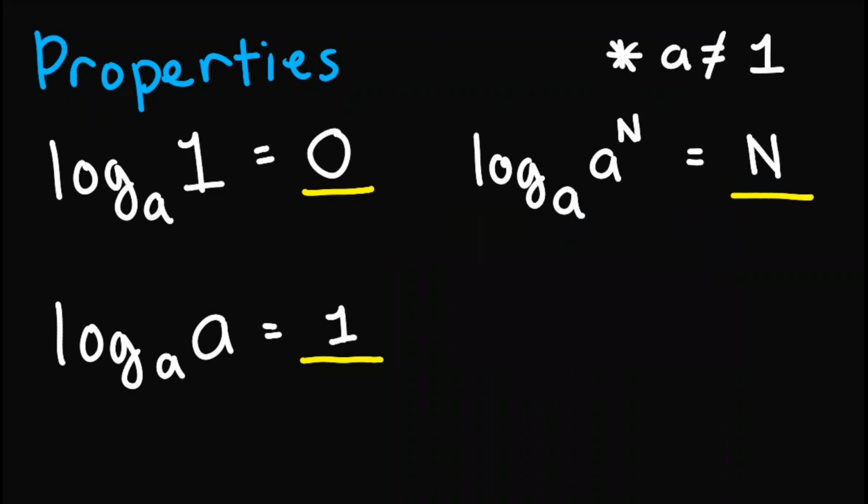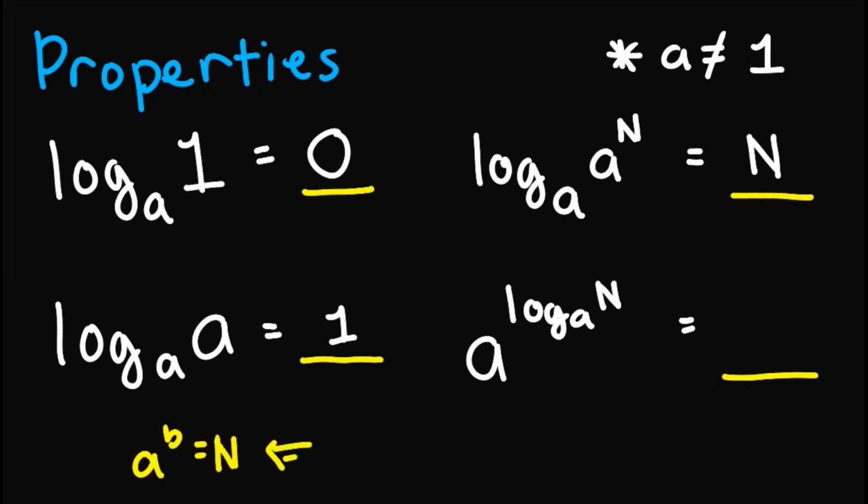Last, for the properties, if we have a raised to the logarithm of n with respect to base a, what is this equal to? Well, recall that if we have a raised to b equals n, this is written in logarithms as the logarithm of n with respect to base a equals b.